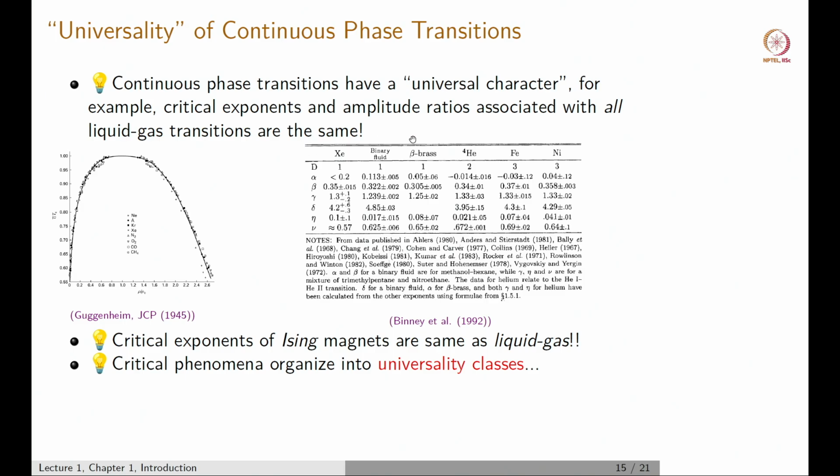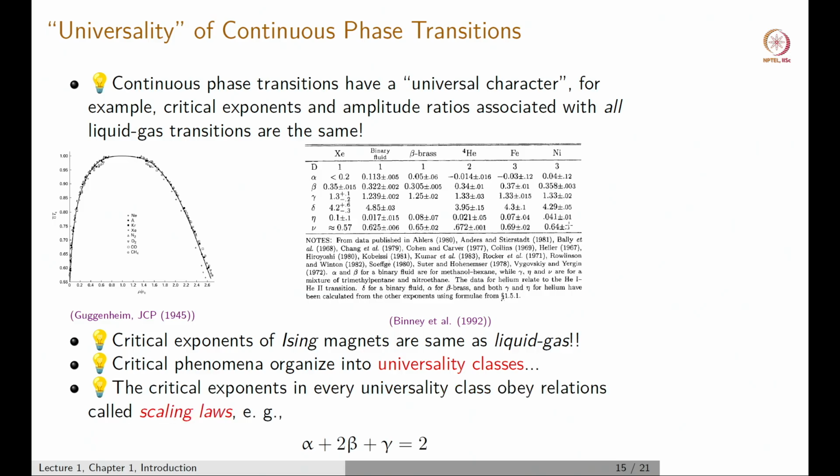These three systems form one class of critical phenomena with the same critical exponents. This will form another class with the same critical exponents, which may be different from what you find in this class, and similarly this is the third class. This is why we call it a universality class of critical phenomena.